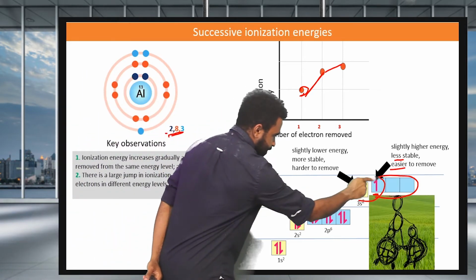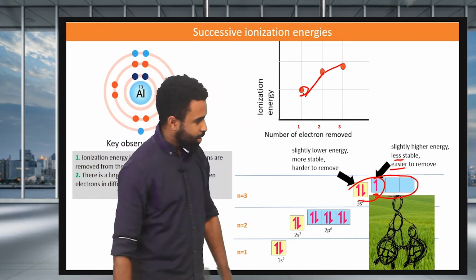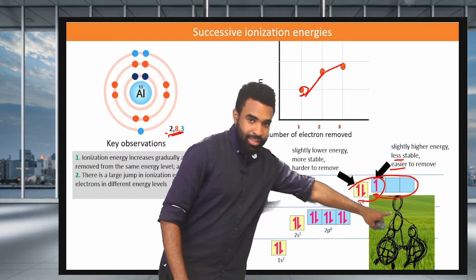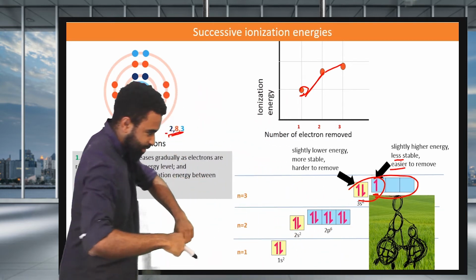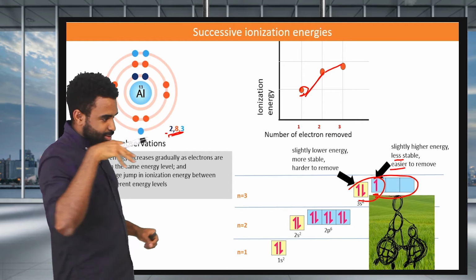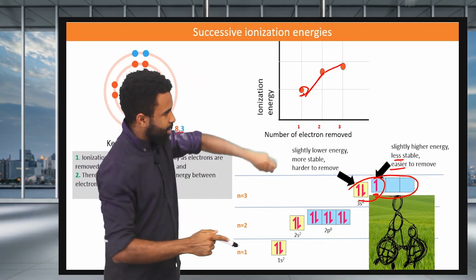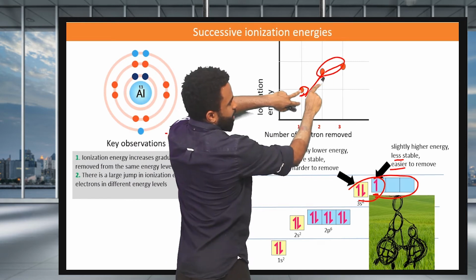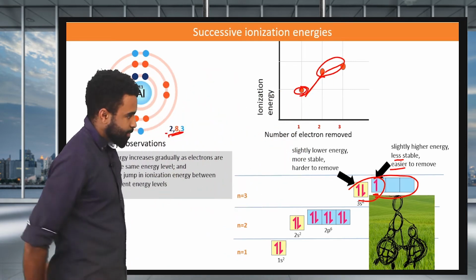We have these three electrons, they're in the same shell, so they're in the same ring holding hands, but one of them is higher energy, one of them is a child, and the other two are lower energy. They're Galapagos tortoises, and therefore harder to pull out of that circle. Okay? Therefore, these two are harder to pull out than this one. Hopefully that makes sense.